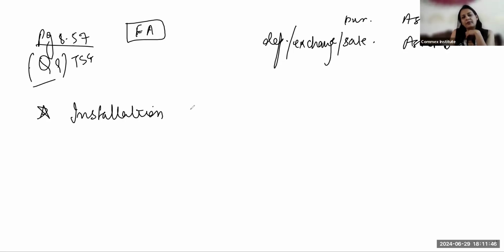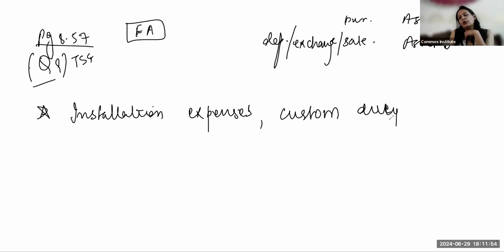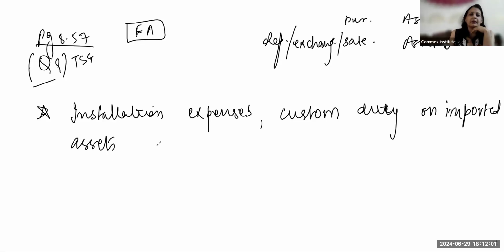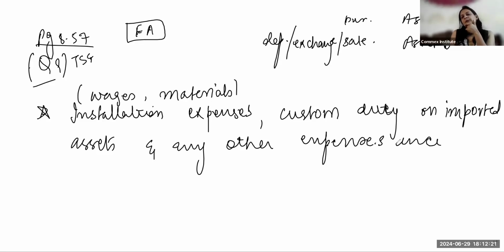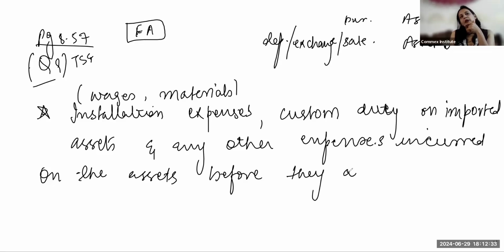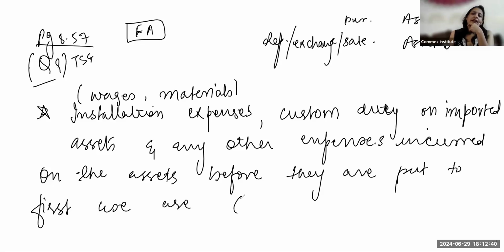Installation expenses, custom duty on imported assets, any wages or materials on installation, and any other expenses incurred on the assets before they are put to first use or capitalized.